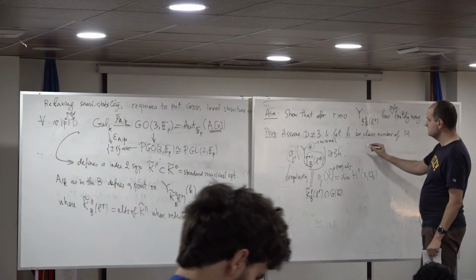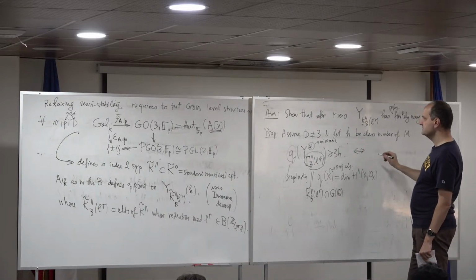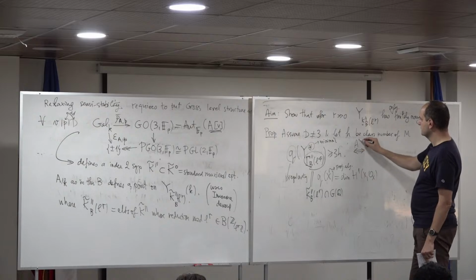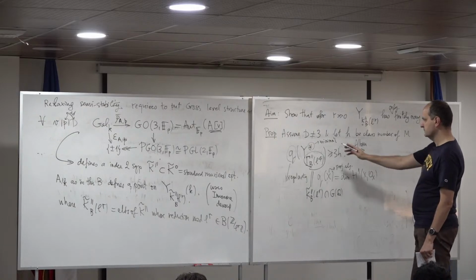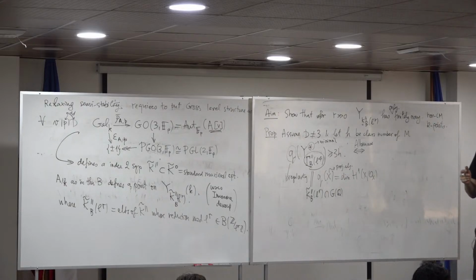In Albanese terms, the irregularity of a surface is the dimension of its Albanese.